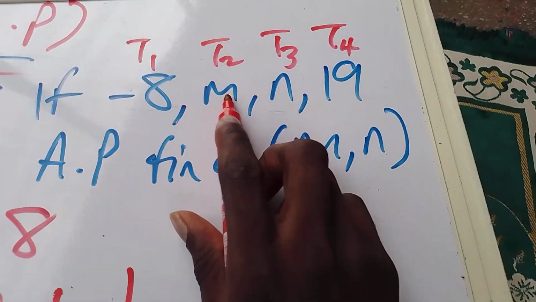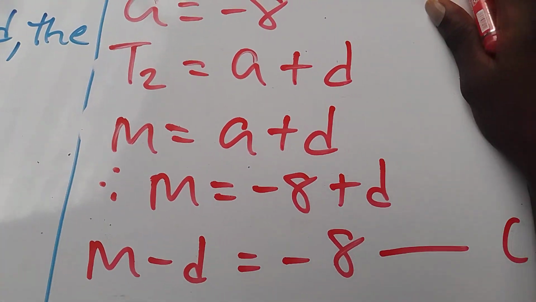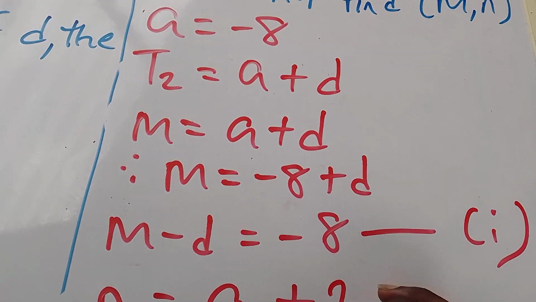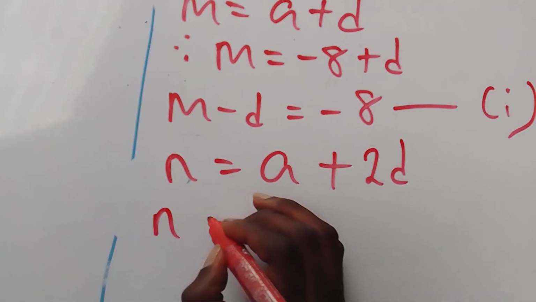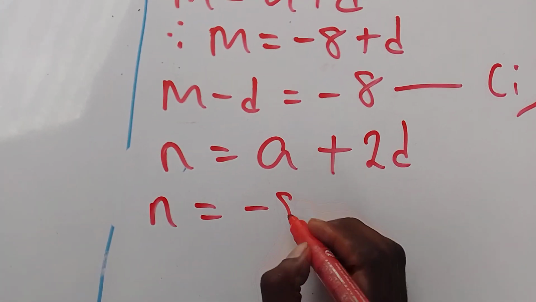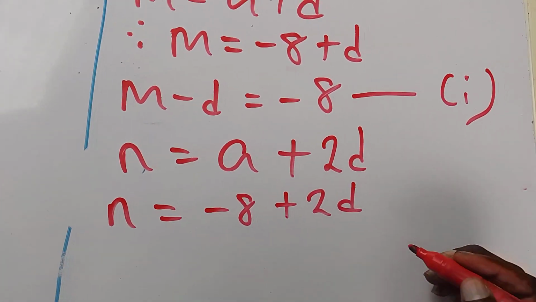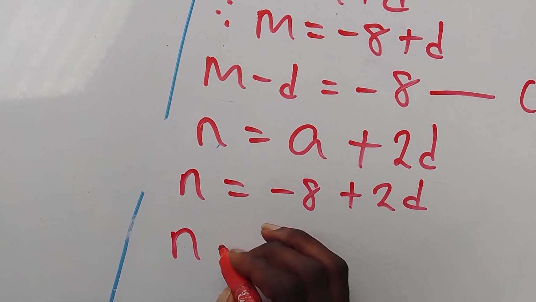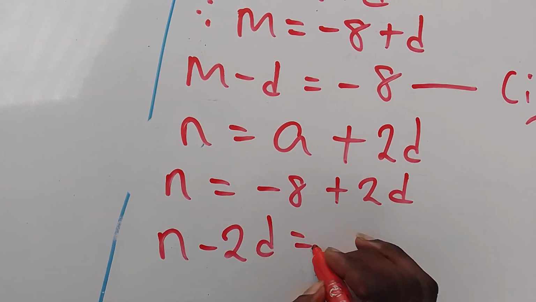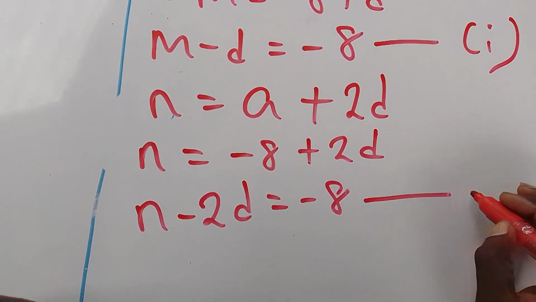This is 1D, this is 2D, so it will be A plus 2D. So my n is equal to minus 8 plus 2D. So I can say that n minus 2D equals minus 8. Call this one equation 2.